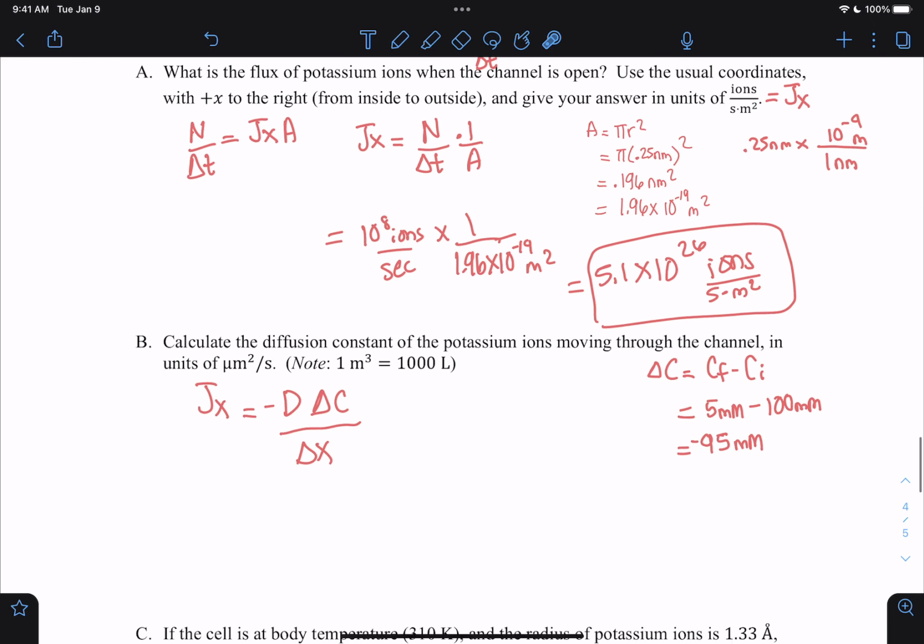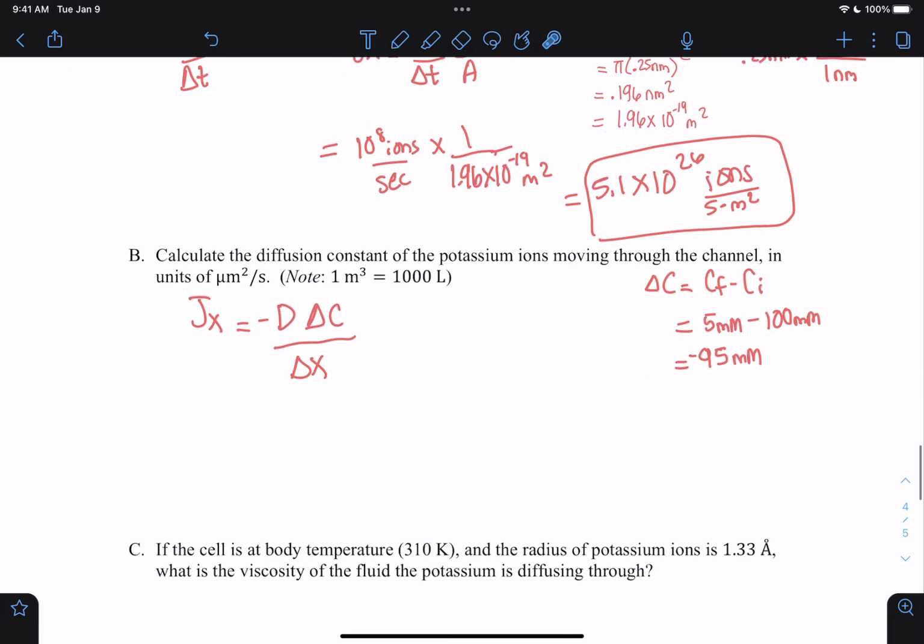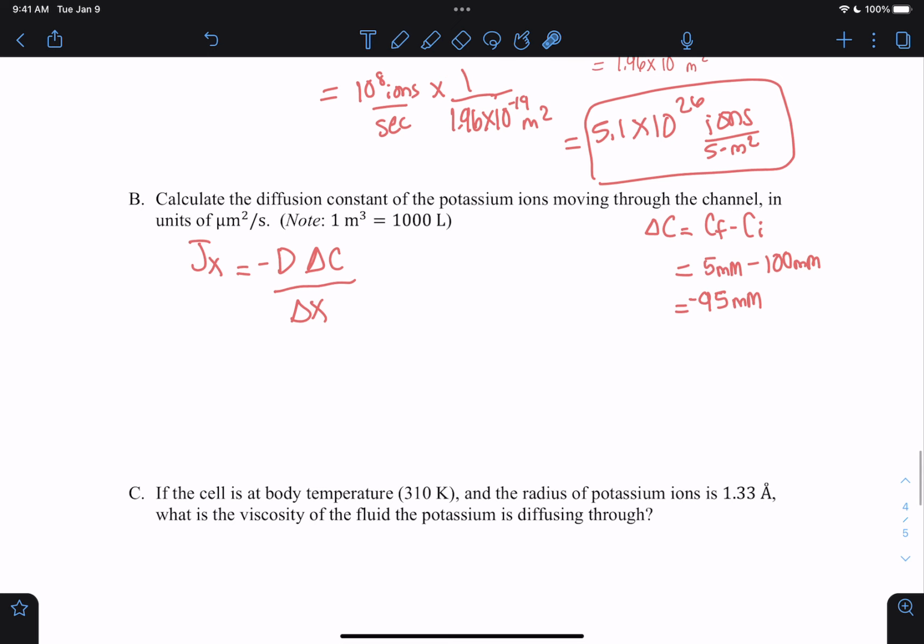So we take 5 minus 100 to get negative 95 millimolars. And that tells us that there's going to be a net flow out of 95 millimolars of these potassium ions from the inside of the cell to the outside of the cell, right? That's a net flow outwards, a decrease in concentration from the inside to the outside.